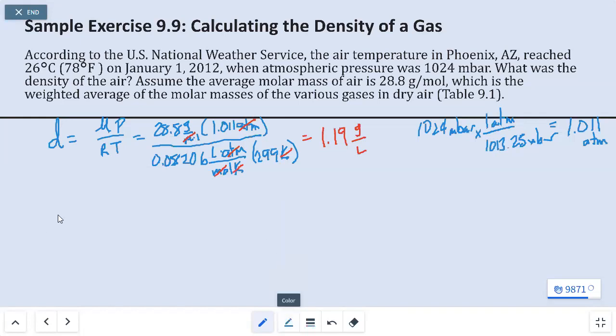If this is our equation, PV is equal to nRT, what we can find is something like the molar density, where I can turn this into n over V is equal to P over RT.